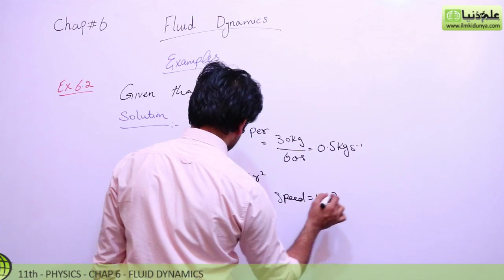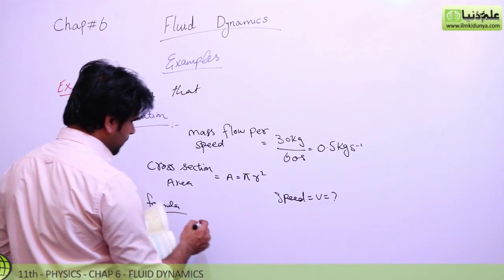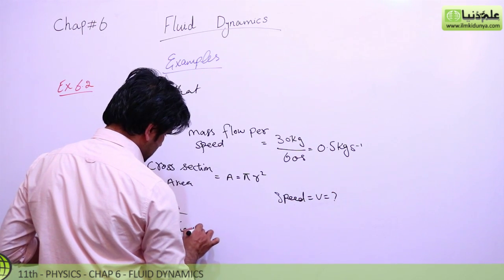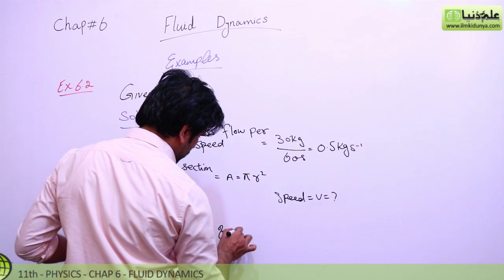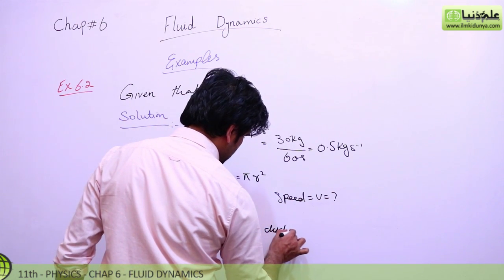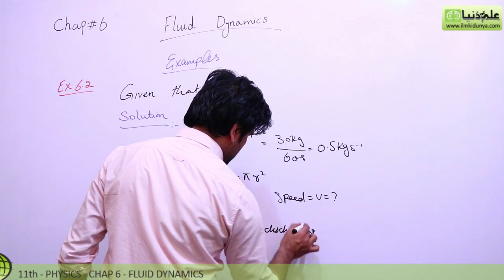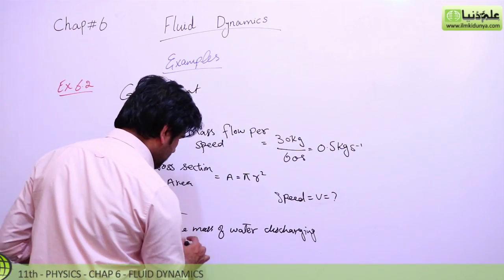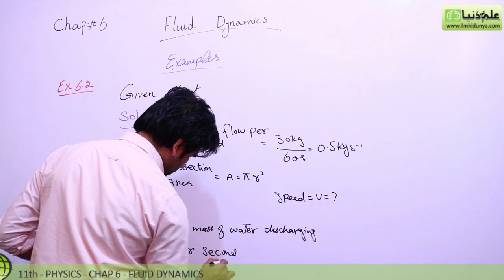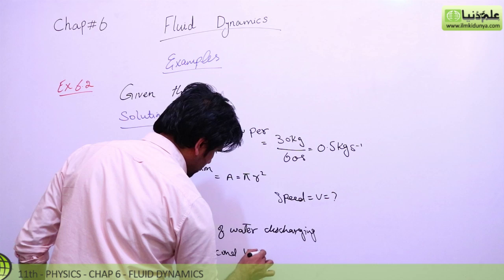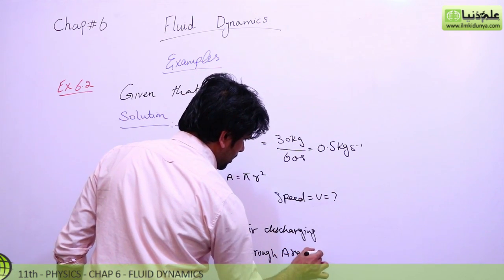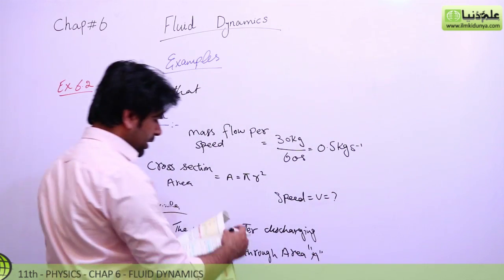This is V. So the formula can be written as the mass of water discharging per second through area A.